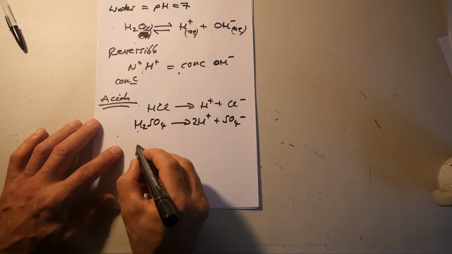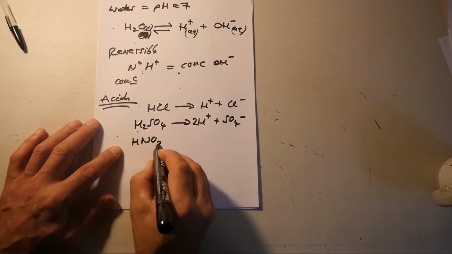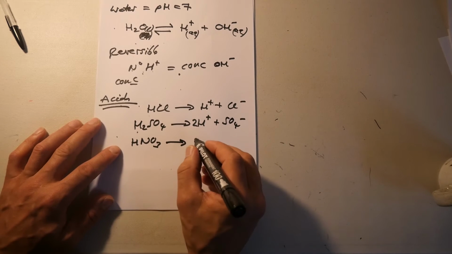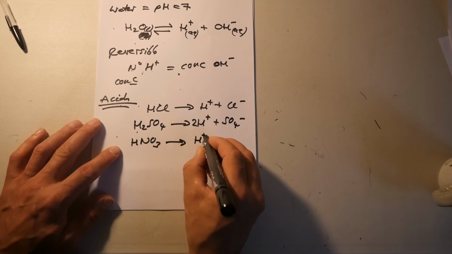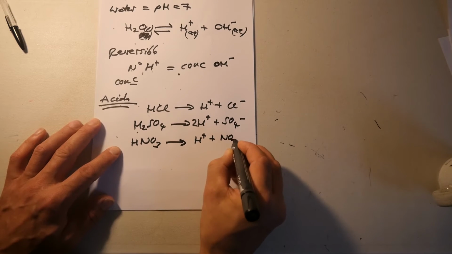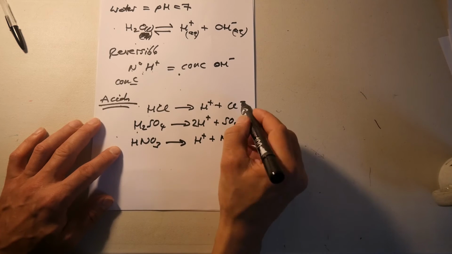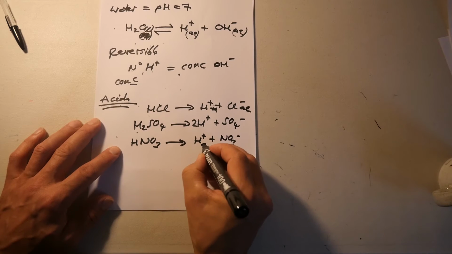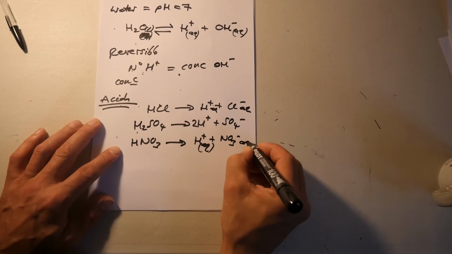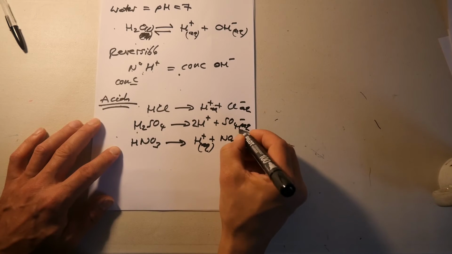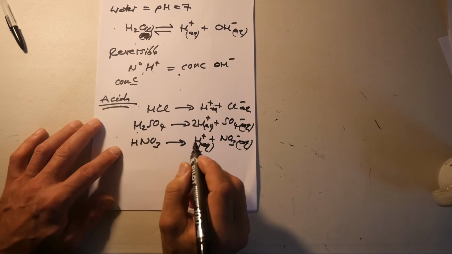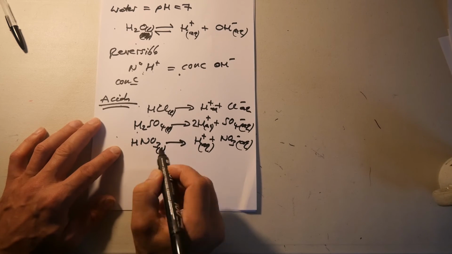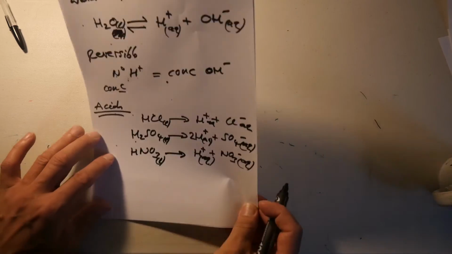You get nitric acid, which breaks up into hydrogen and nitrate ions. Okay, these are aqueous, and these are liquids. These are examples of acids.